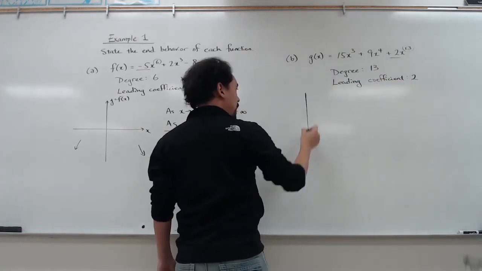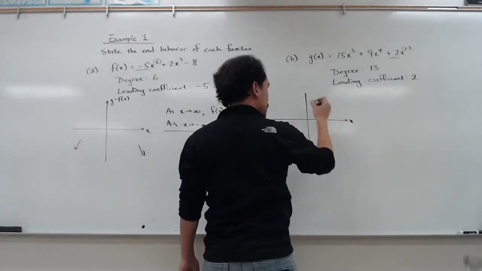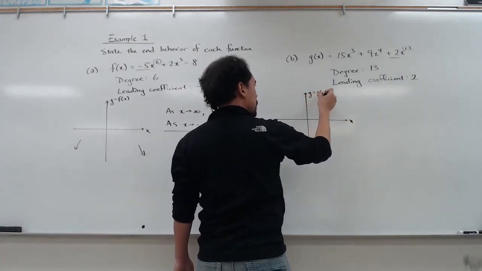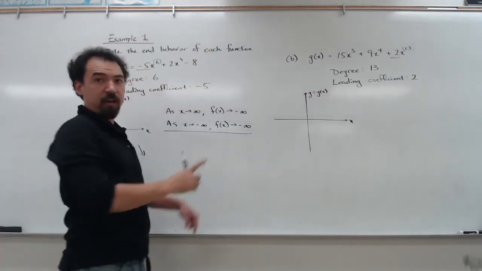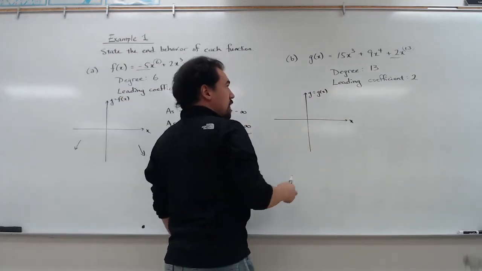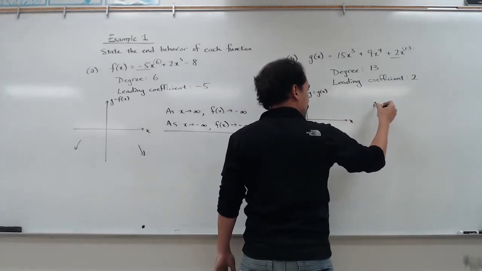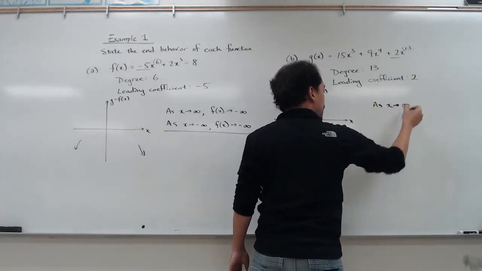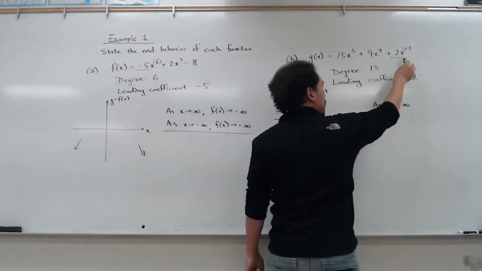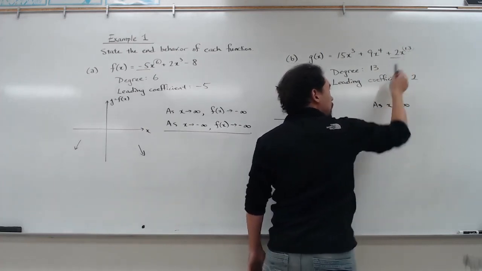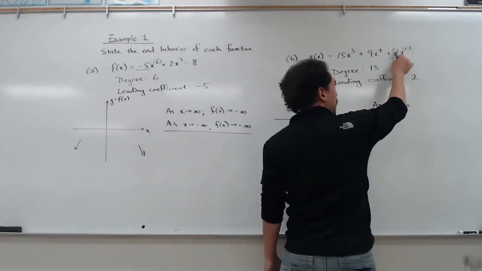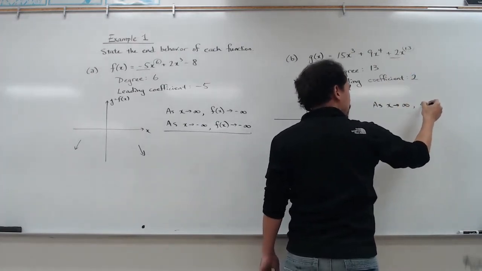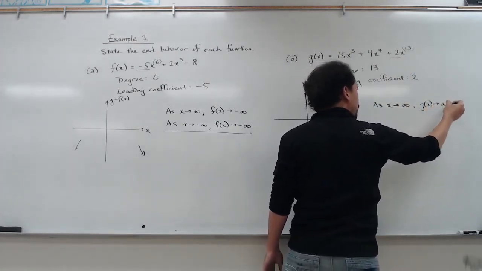So now let's think about the graph. And the degree is odd, which means we're going to have alternating end behavior. So let's think about as x approaches positive infinity. Well, that means this number, very positive, going to an odd power, still very positive, multiplied by a positive number in front, which means the y value is going to go very positive.